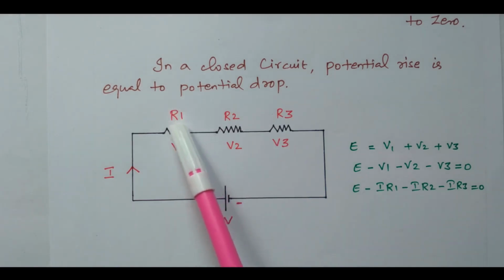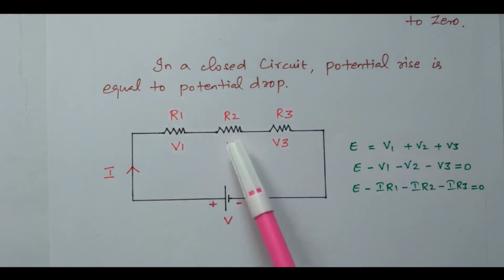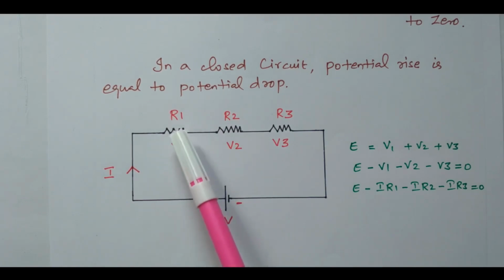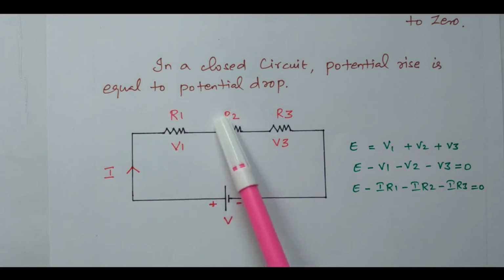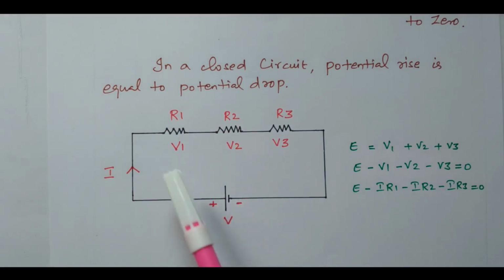Depending upon the values of R1, R2, R3, the voltages will be dropped. Right? A larger resistor means more voltage will be dropped. So based on the R1, R2 values, the voltage will be dropped. So the applied voltage, the potential rise, is equal to the potential drop across the three resistors.